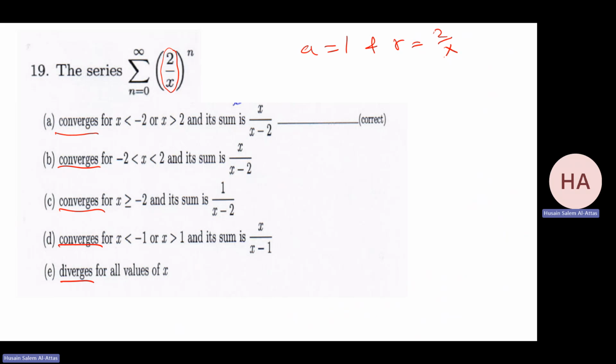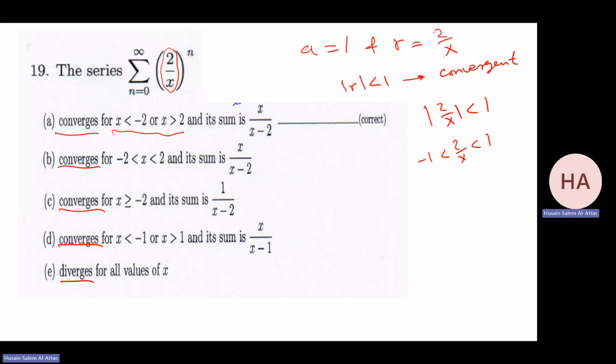I want to check first when it will converge. It means I need the absolute value of r less than 1, so I need to solve this inequality, absolute value of 2 over x less than 1. So it means 2 over x is between -1 and 1.